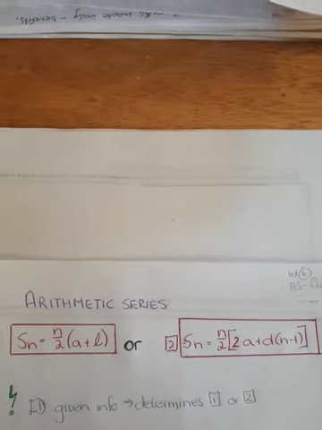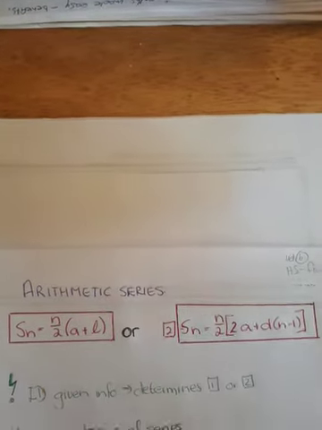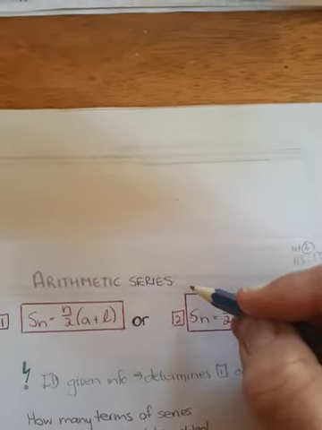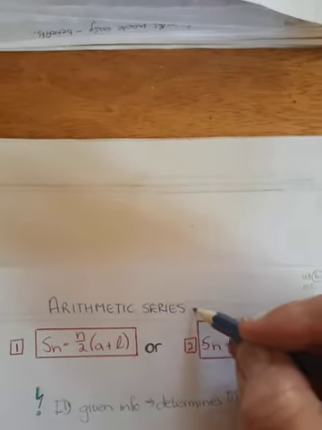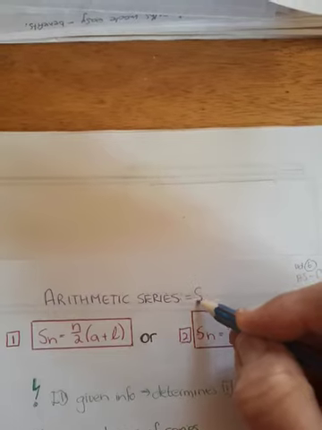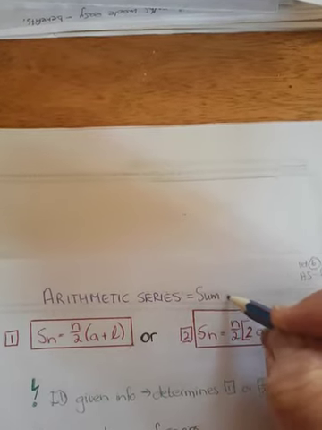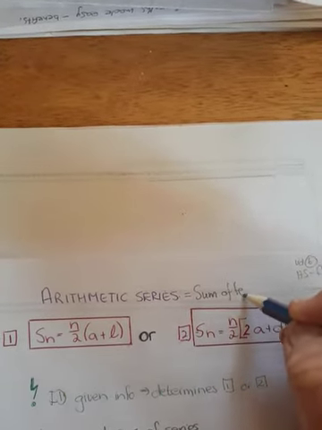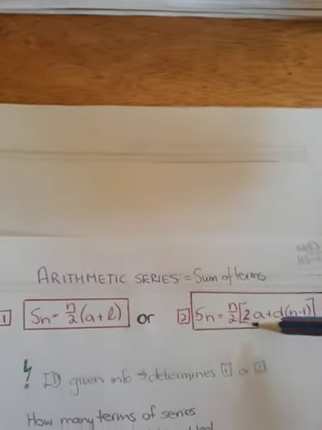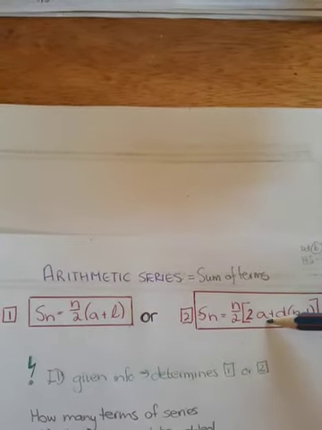Hello, this is another example of the arithmetic series, and the arithmetic series simply means the sum of terms. We have two possible ways in which we can calculate the sum of the terms.